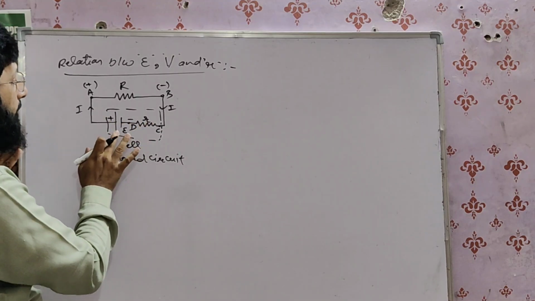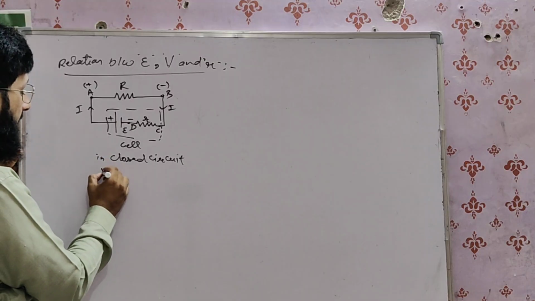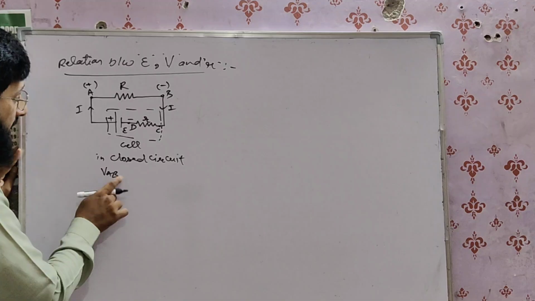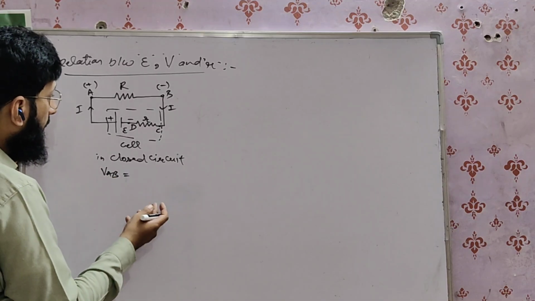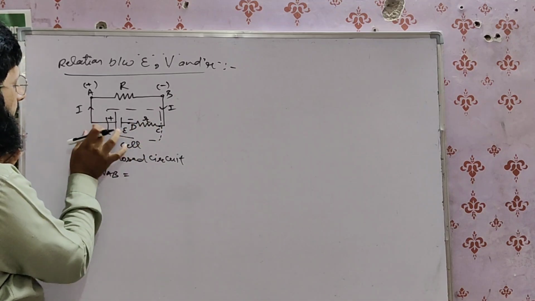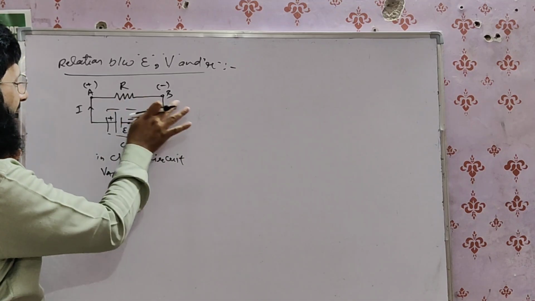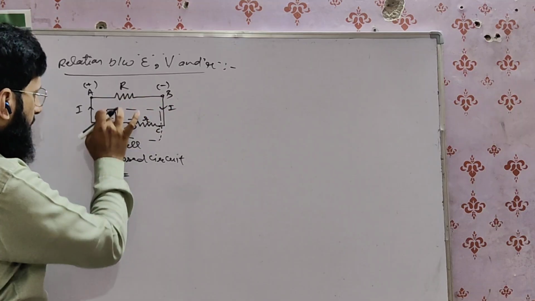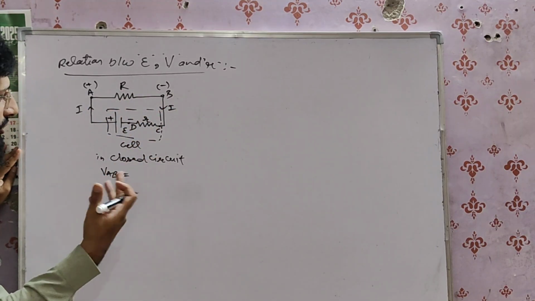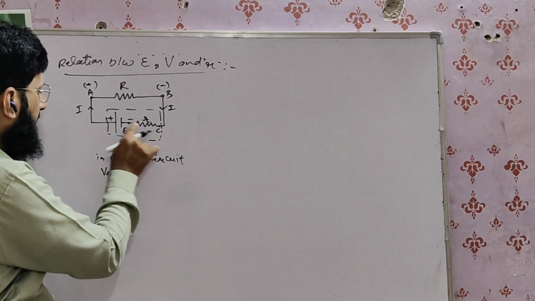So we want to find the potential difference between points A and B. The potential difference between points A and B is VAB, and it is equal to the potential difference here, because this line and this line are parallel to each other. Since both lines are parallel, between points A and B the potential difference is definitely the potential difference between these lines.